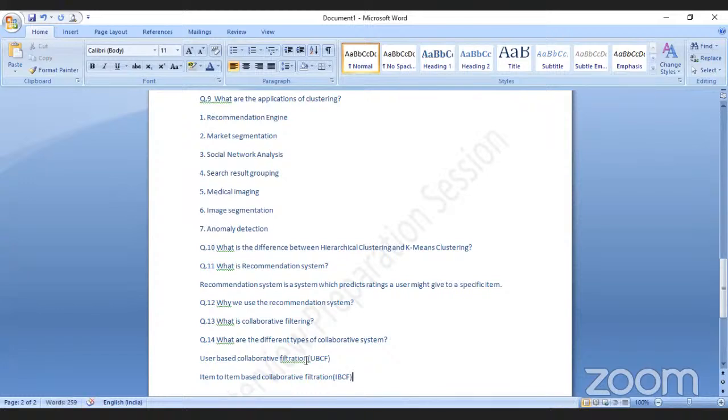So these are the two types of collaborative systems we have in our recommendation system.